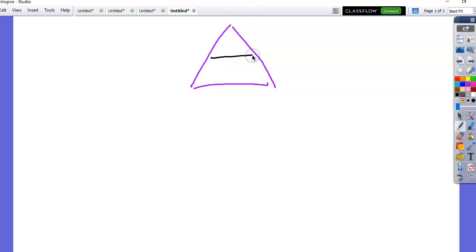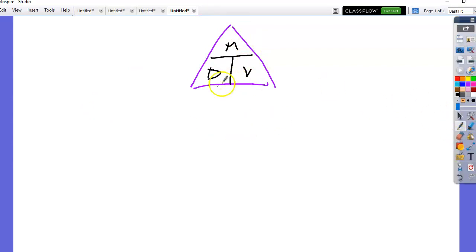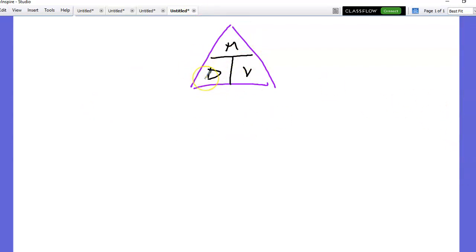It looks like this: D, M, V. Whatever it is you're trying to solve for, density, mass, or volume, you take your thumb, which I know you can't see me doing, and cover up the one that you're looking for, and what you have left is what you would do.